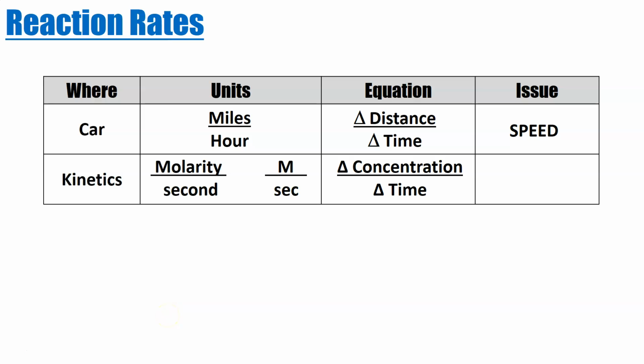Some reactions are super fast, so we might use milliseconds or something like that. And once again, this is not telling you anything about the energy, right? This is not telling you if it's endothermic or exothermic. It's not telling you how many steps it took you to get there. It's not telling you that pathway, right? All it's talking about is the speed.